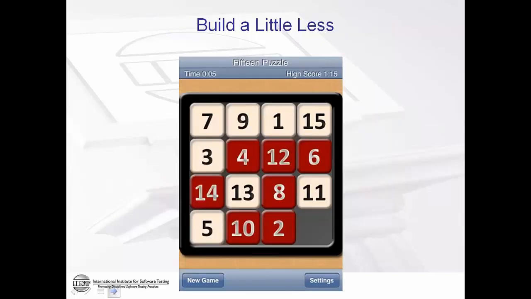The last thing is a little whimsical. Build a little less. If you look at this child's puzzle, which used to be a favorite of my kids, it's called a 15 puzzle. It's got 16 slots on a 4 by 4 grid, and the idea is to get them in sequence: 1, 2, 3, 4 across the top, 5, 6, 7, 8 in the middle.